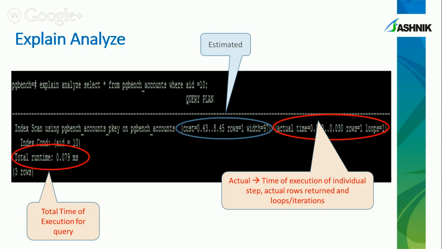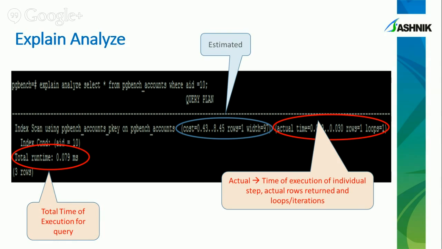As you can see, the blue oval represents the estimated cost, estimated number of rows and the width of your rows. Whereas the red oval is the actual execution time, number of rows, and iterations done on that particular data set. And below you will also see the total runtime or execution time of this query.